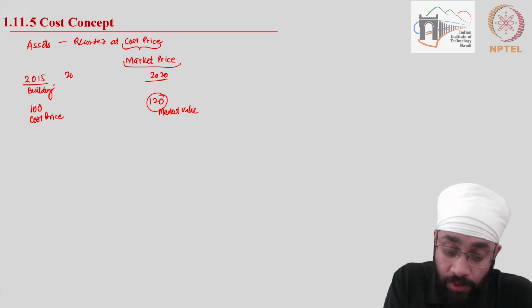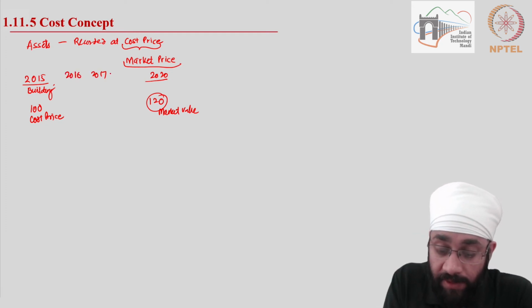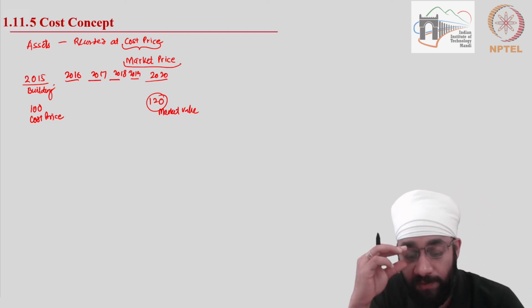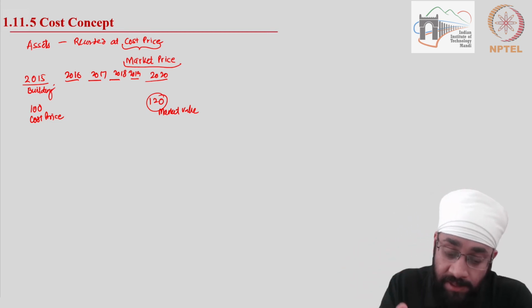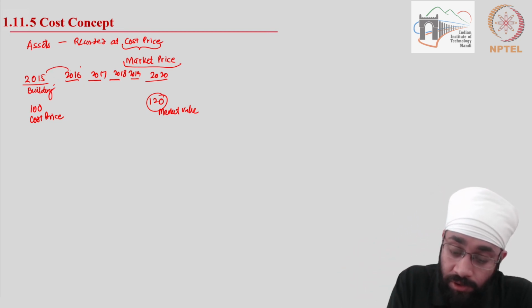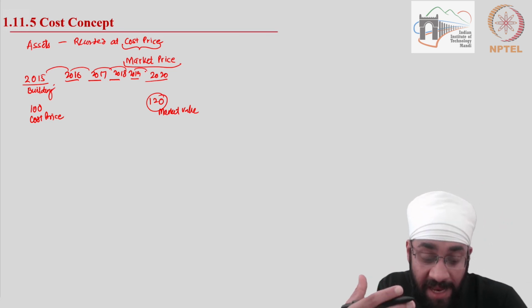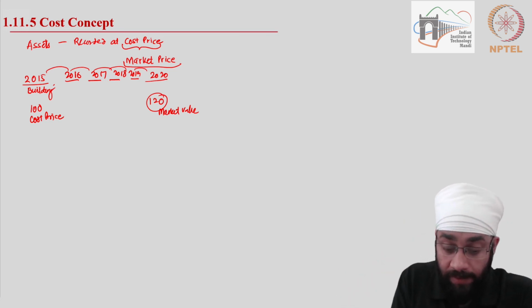Now, what happens during 2016, 17, 18 and 19? There are a number of accounting periods in between. Now, I'm referring to the previous principle of accounting periods. So there are 1, 2, 3, 4 and 5 accounting periods which have lapsed during this time. So what happens?